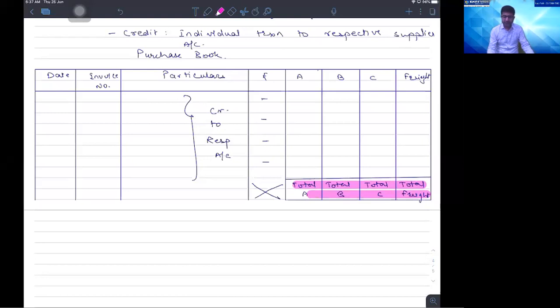Fine. Now let me come ahead to understand what is a sales book. Friends, the name itself suggests it. The book that is maintained to record the sale of goods. What kind of sale of goods?